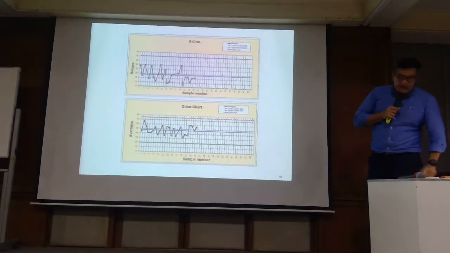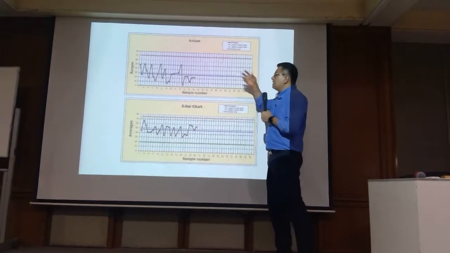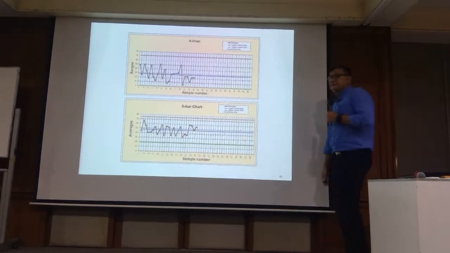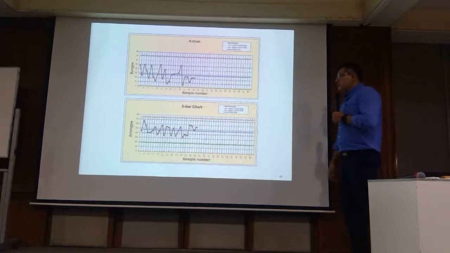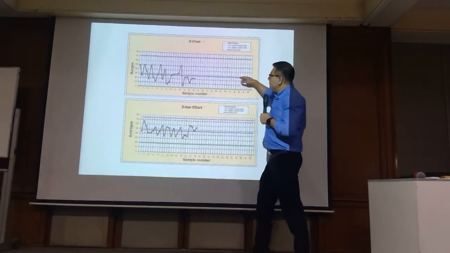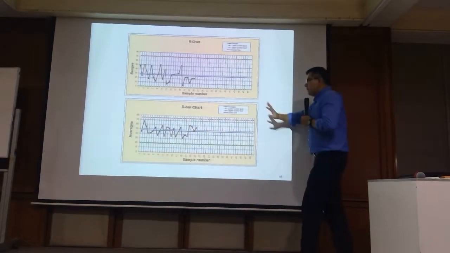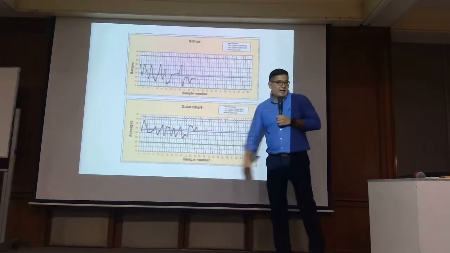And this is an example of the real one. It's plotting the R chart and X bar chart together. You can see that this is the control limit. This is the mean, this is for the X bar chart, this is for the R chart.